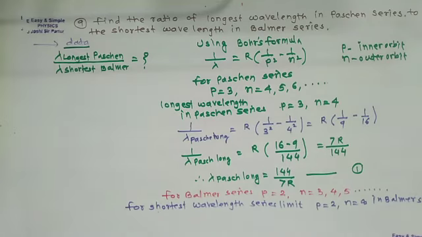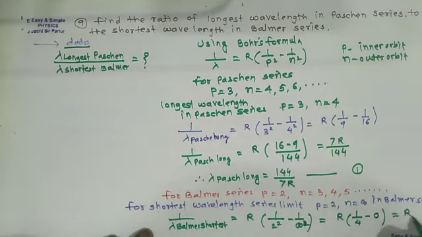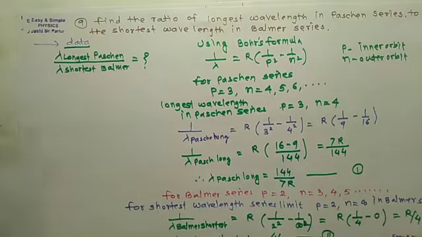So 1 upon lambda Balmer shortest is equal to R in bracket 1 upon 2 square minus 1 upon infinity square, which is R in bracket 1 upon 4 minus 0, which is R upon 4. So therefore lambda Balmer shortest is equal to 4 upon R. Equation number 2.